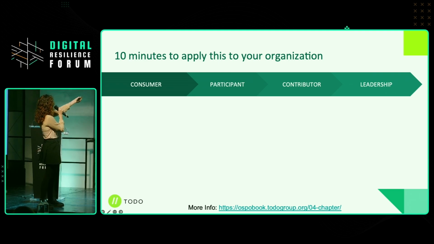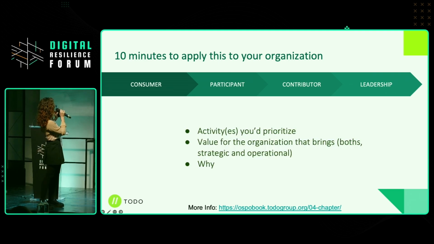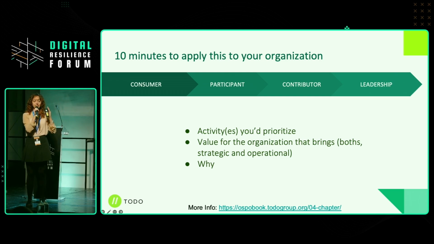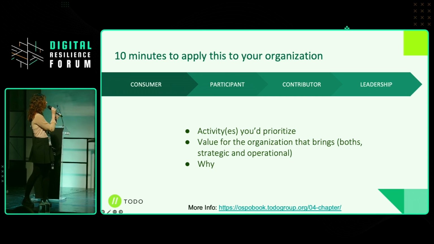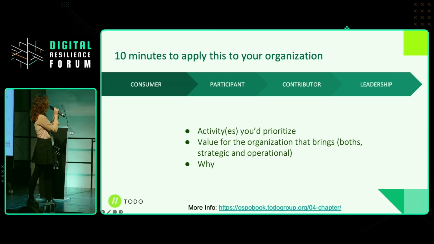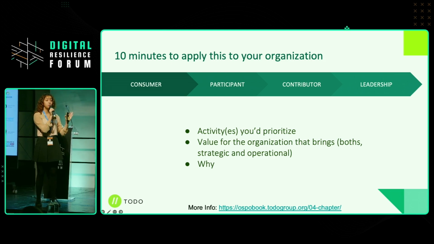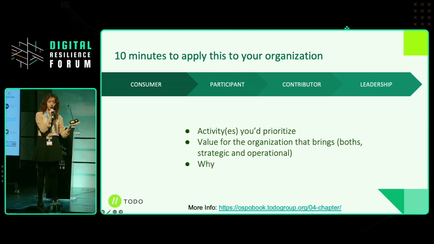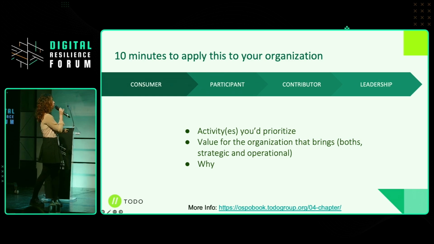And try to state the activities you'll prioritize and the value that those activities bring for the organization, and the value for your open source program office, because one of the things is also to be able to sustain the entity in the long term, and also why.